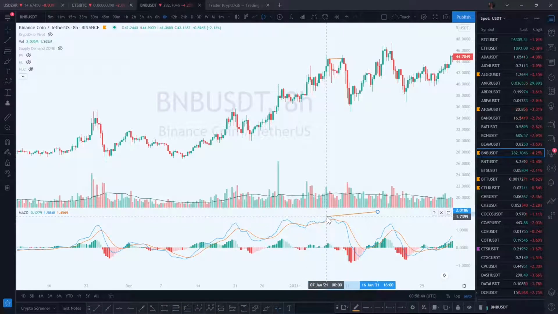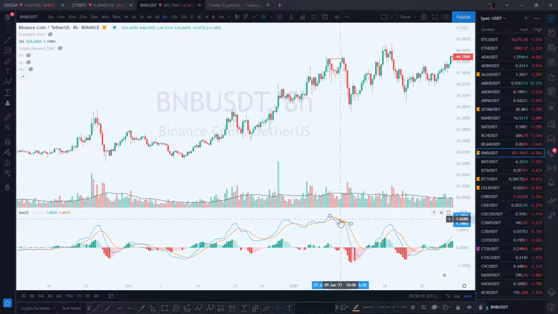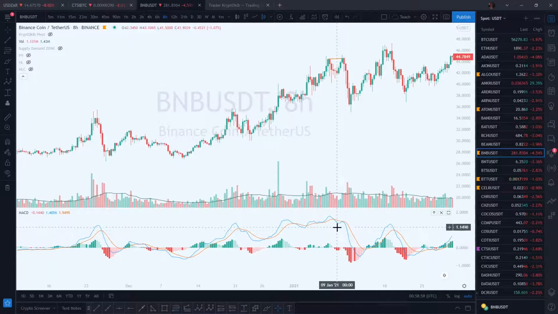So we have this side, which is this, to this, which is this. And what did you notice the moment this divergence formed? Let me remove this. You notice a cross under has occurred.